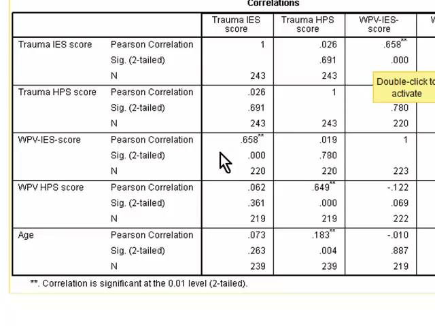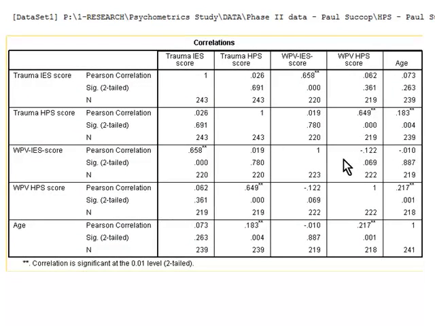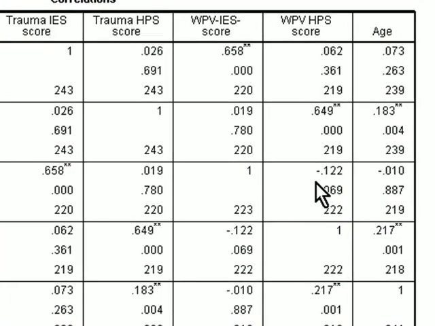It has the same value, but we don't know which came first, in terms of whether the chicken caused the egg or the egg caused the chicken. And we'll also now look over at this value of workplace violence HPS score with workplace violence IES score. Here we now show a negative value, negative 0.122, showing a weak negative correlation between those 2 variables.